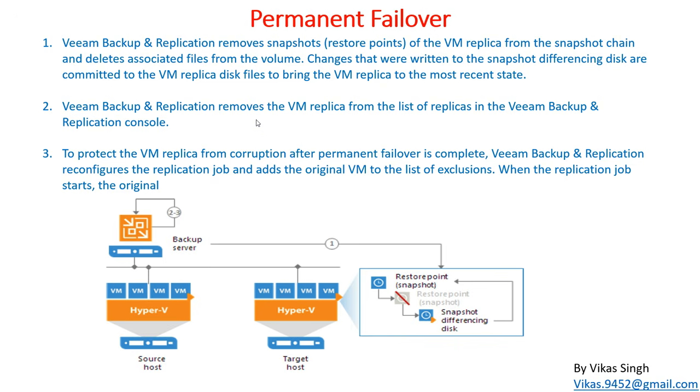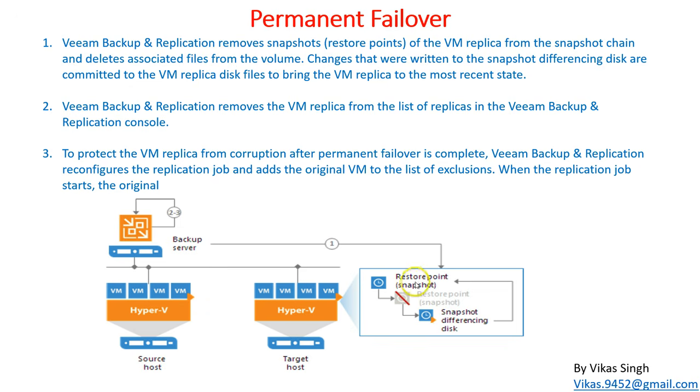And next we have a permanent failover. The permanent failover is a process where you can permanently fail over one virtual machine to another host. So what it's going to do, you can see from here. First, Veeam Backup and Replication removes the snapshot or restore point of the VM replica from the snapshot chain and deletes the associated files from the volume.